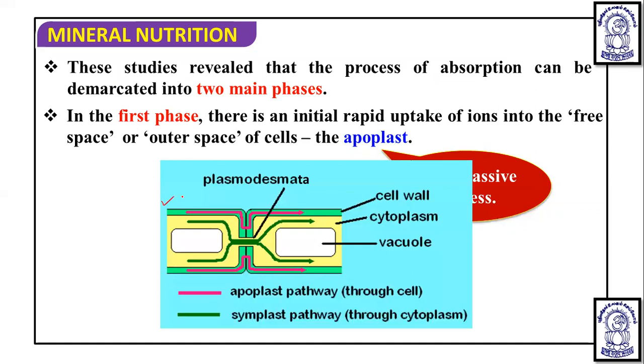Suppose this is a cell, this is another cell, and this is a plasmodesmata connection between these two. This is the cell cytoplasm, this is the cell wall. When the absorption is occurring through the cell wall, it is apoplast. So the uptake in the first phase involves the initial rapid uptake into the outer free space that comprises the cell wall and intercellular spaces.